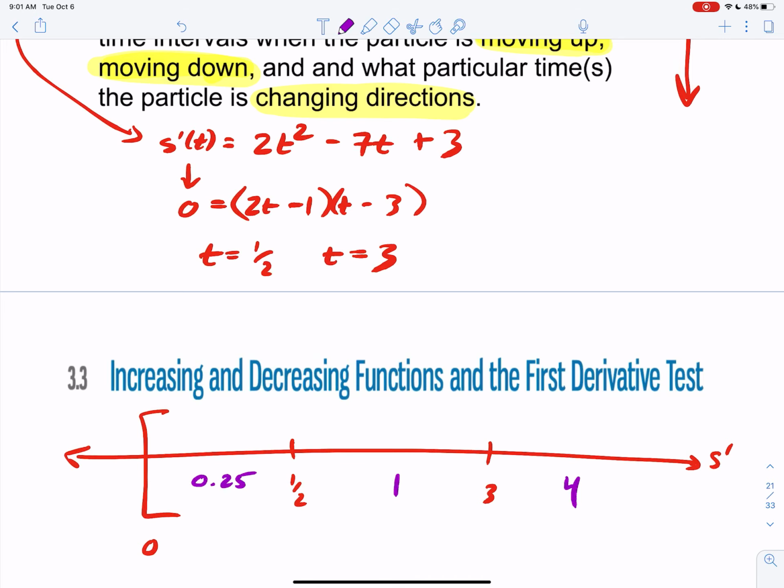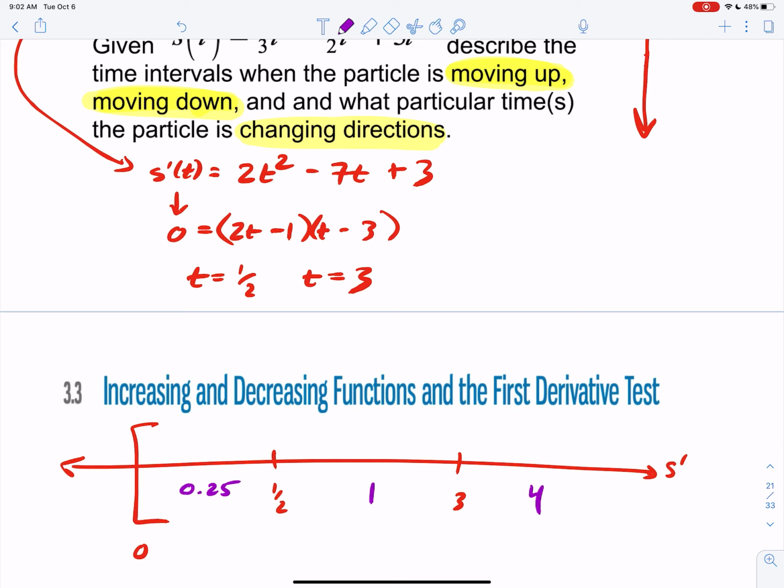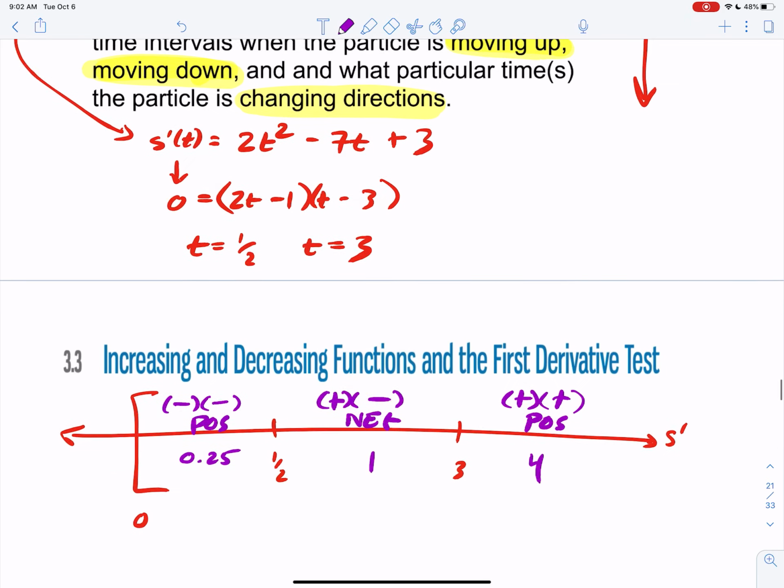It doesn't matter, as long as you're in that interval, okay? So we have two factors here. If I plug in 4, I'm going to get positive, positive. If I plug in 1, I'm going to get positive, negative. If I plug in 0.25, I'm going to get negative, negative. So that gives me a positive, a negative, a positive. They happen to alternate.